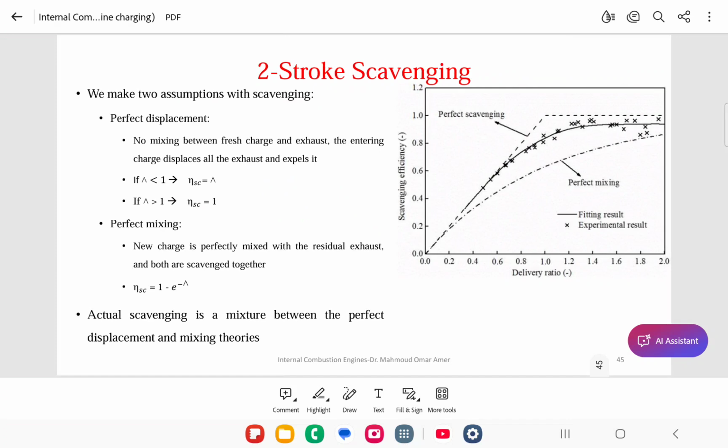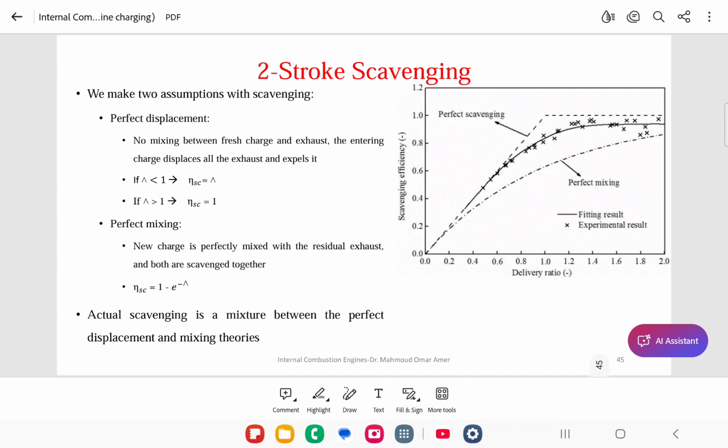Okay? What if the delivery ratio is more than 1? It means that the engine is turbocharged, and that we are delivering mass more than the reference mass of the cylinder. Which means that all the exhaust gets out from the cylinder.